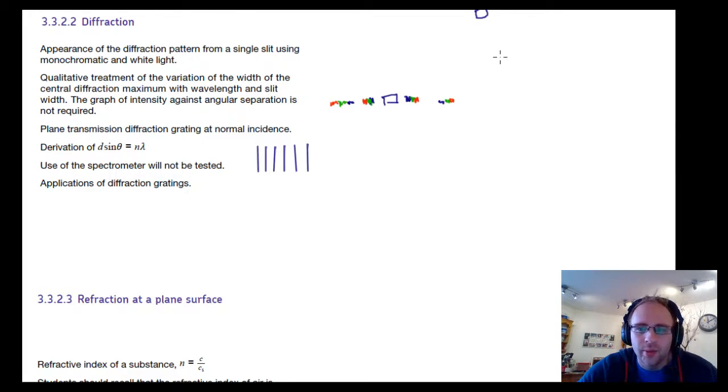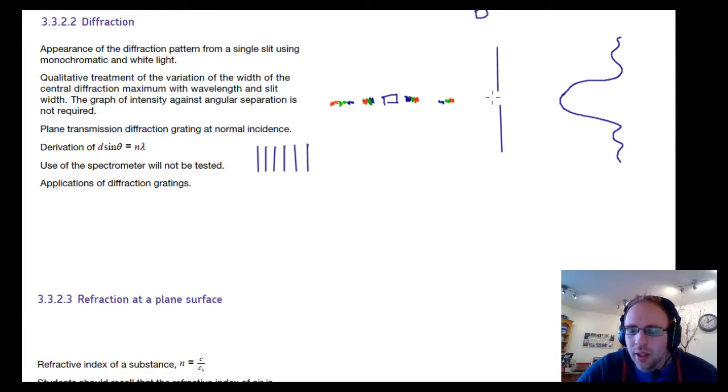So we did talk briefly about a single slit before, and what we said was that we had this kind of diffraction pattern. The way that we'll describe this is using Huygens' model of waves passing through a gap, or model of wave propagation.